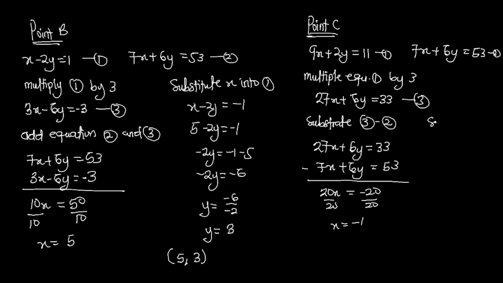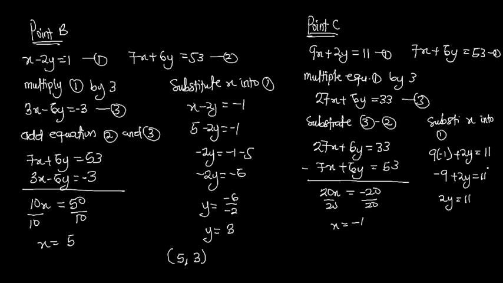If I substitute the x value into any of the equations, say equation 1, I'm going to get 9 bracket negative 1 plus 2y is equal to 11. So this gives me negative 9 plus 2y is equal to 11.